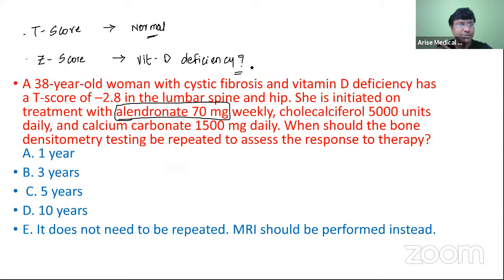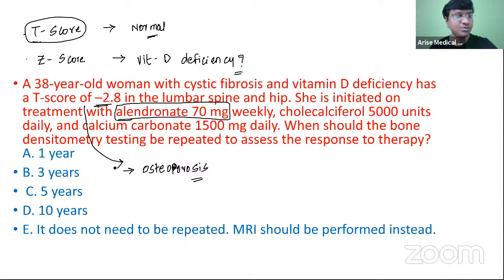Let me explain that this particular patient is suffering from osteoporosis. Why am I telling that? The reason is that the T-score of minus 2.8 is suggestive of osteoporosis.